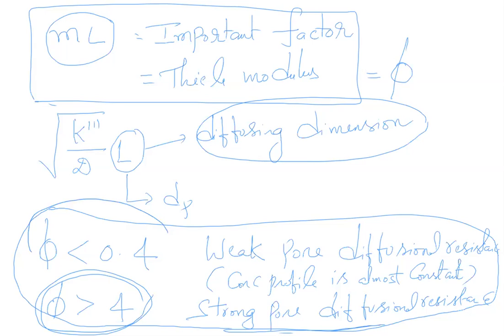Suppose it is weak pore diffusion, then phi is less than 0.4. Just take 2 minutes and read the entire theory again, right from the start of chapter 5. ml is 5, in the middle is the transition region.